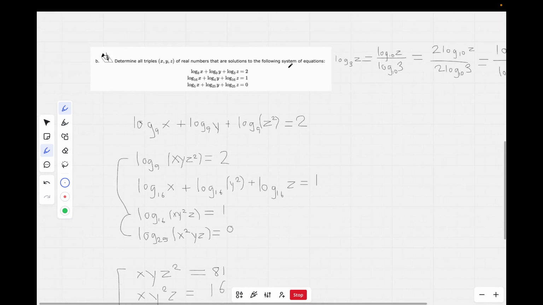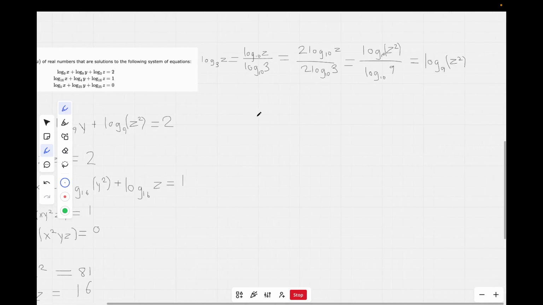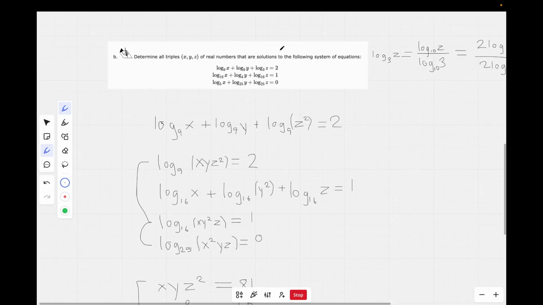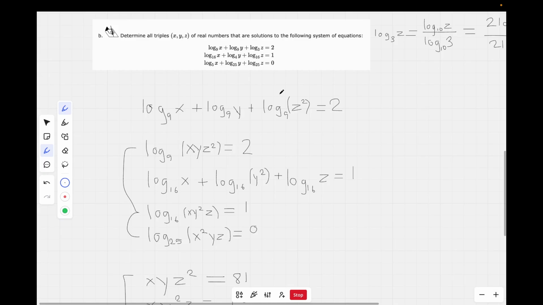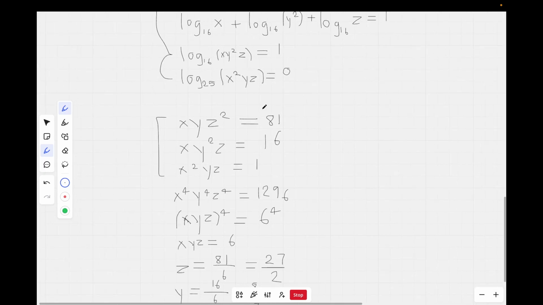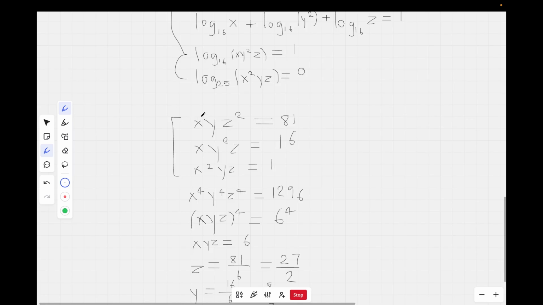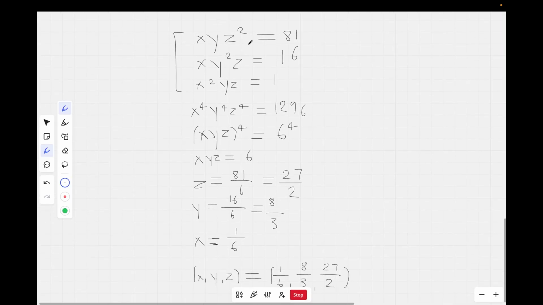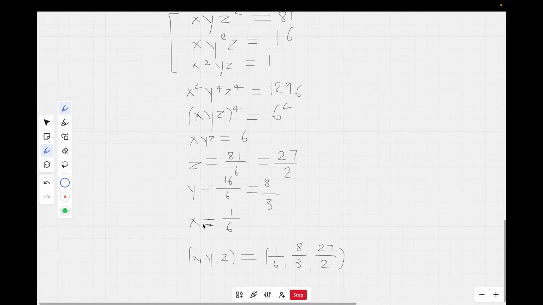So you can just change the base, whether by intuition or by using the change of base rule, to put every term on the left-hand side under the same base, and then you can use logarithmic properties to simplify the equation into a symmetric expression where you can use the common method of multiplying all the expressions together, and then you should get the equation xyz equals 6, and then you can just divide each of the expressions on the left-hand side in the earlier system of equations by xyz to get the values of z, y, and x.